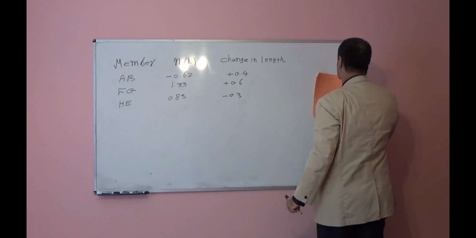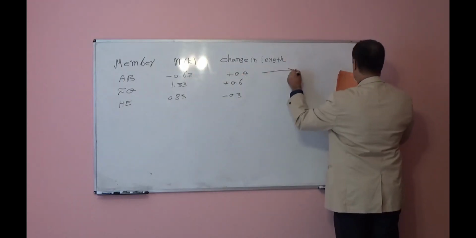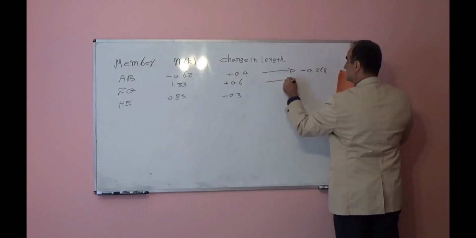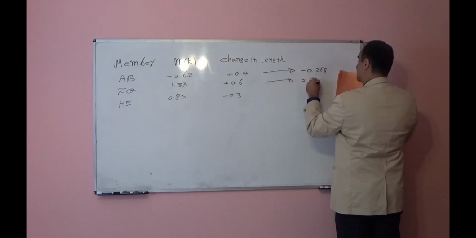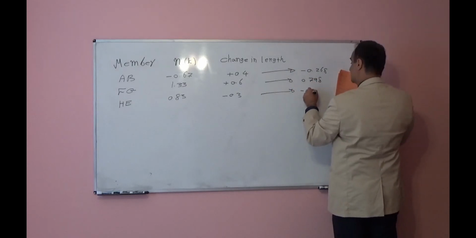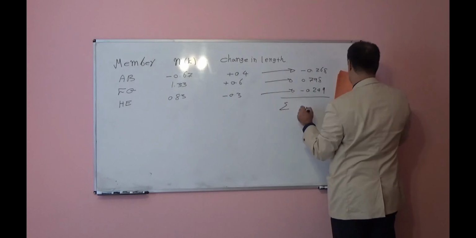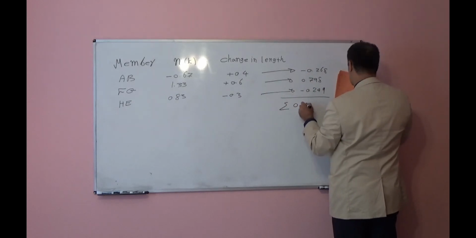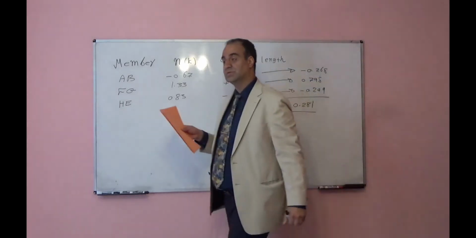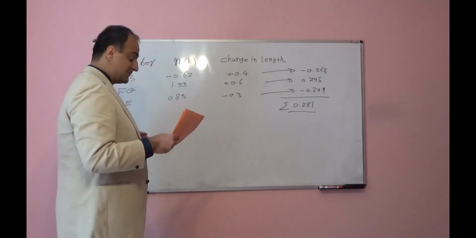Then you will multiply this column by this column. You will get negative 0.268, 0.798, and negative 0.249. Then you will add these. It will be 0.281. This is the deflection at point G because of the fabrication errors in these members.